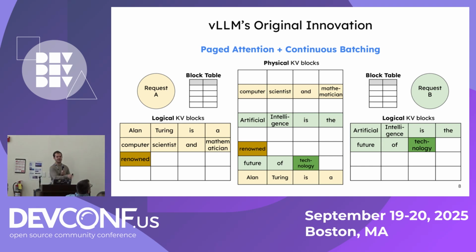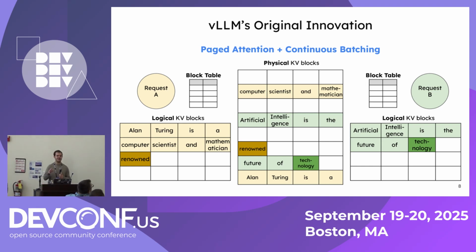Request A has a view of this logical KV cache, but these actual KV cache blocks can be in random access in the actual physical KV cache table. And the PagedAttention algorithm is basically a fused gather attention operation which uses this mapping from logical to physical blocks to gather the actual KVs that are needed for that individual request in a fused and efficient manner.